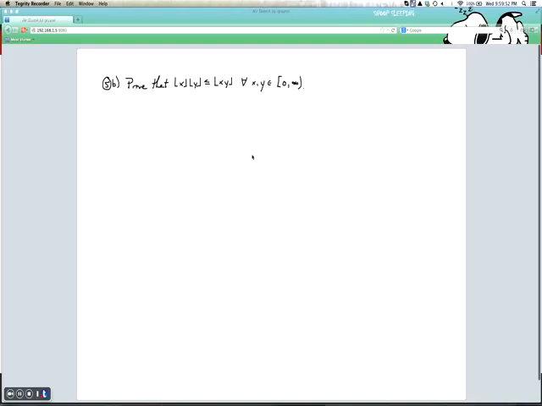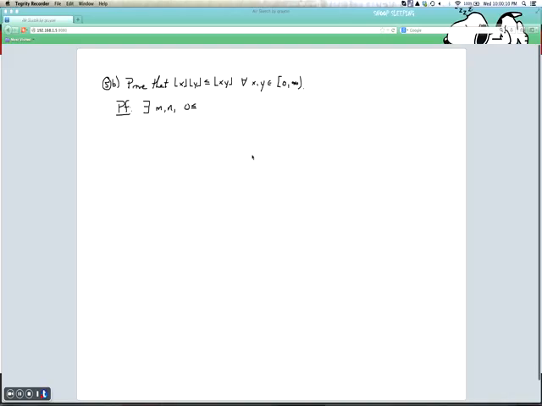Let's take a look at 5D, which now we're looking at a product. It says prove that the product of the floor of x and the floor of y is less than or equal to the floor of the product x times y. I would start this exactly the same way. This is a direct proof.